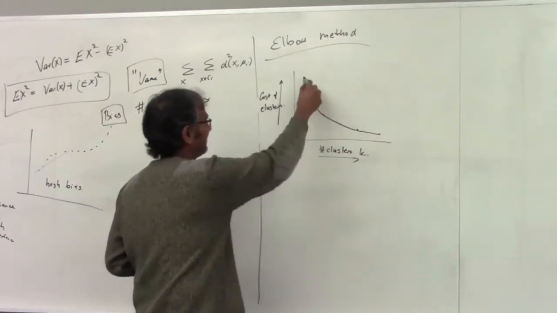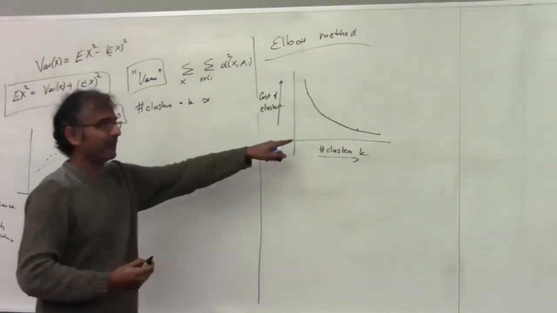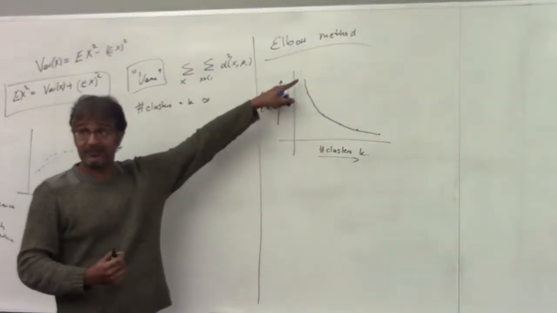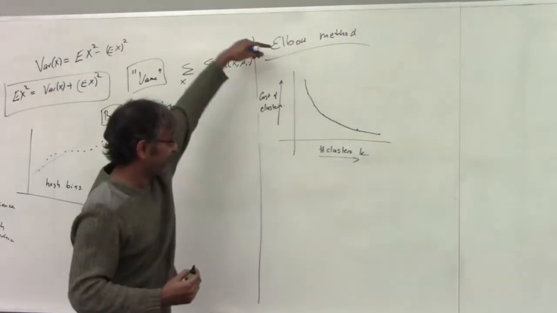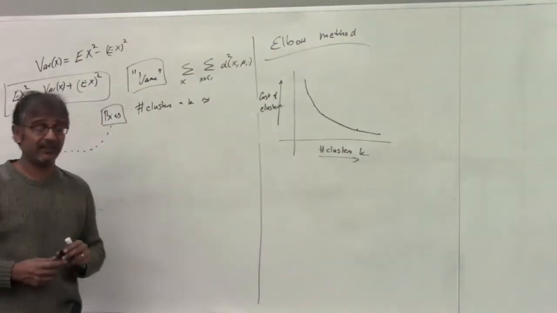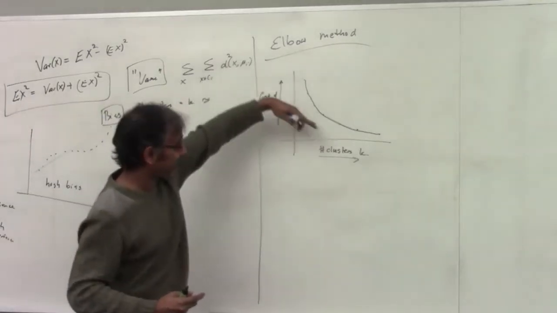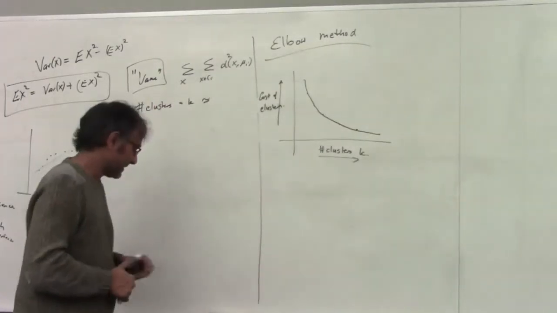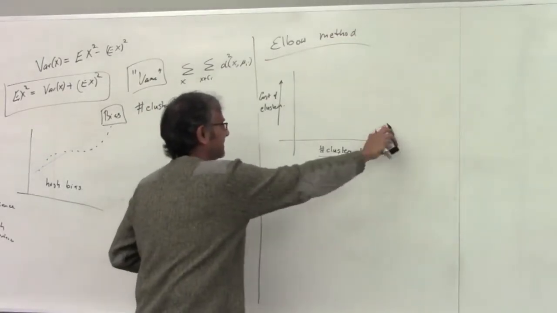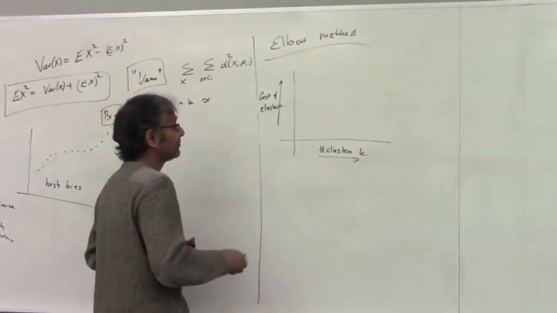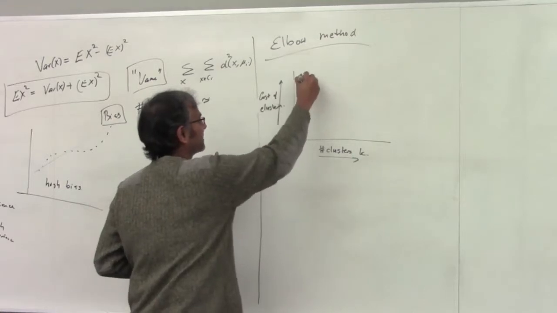So let me at least convince you that these 2 points make sense, right? If you have one cluster, you're going to have lots of error. If you have n clusters, you're going to have very little error. So you do expect this kind of decreasing behavior. And since these are discrete, let me not actually try to pretend that this is going to be a smooth curve. In fact, that's going to be important here. So let me just do this.